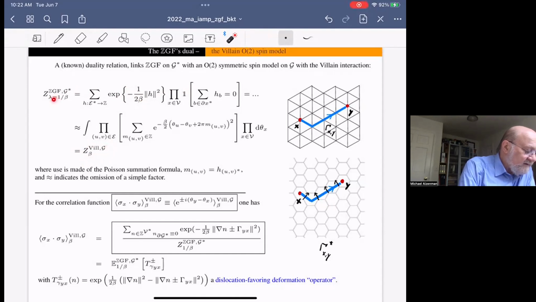The coupling is lambda for the random height function and beta for the spin models. They are again inversely related. The partition function of the spin model is an integral over spins. For the purpose of this, we are writing the spin model as sigma at site u to be e to the i theta u.